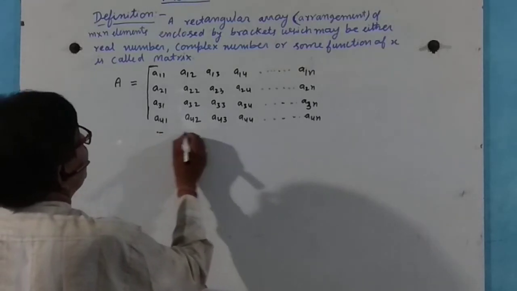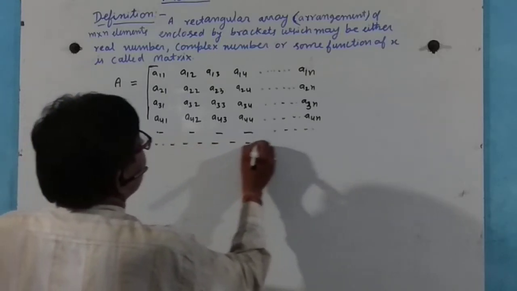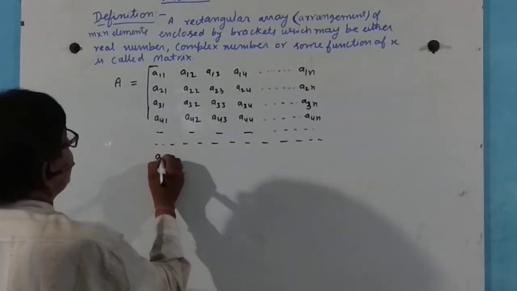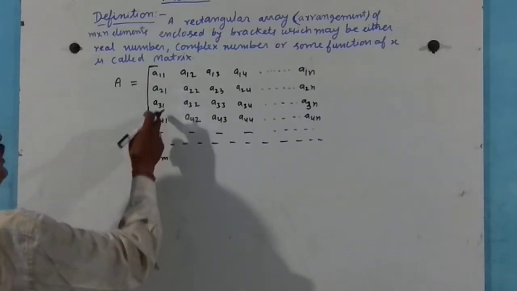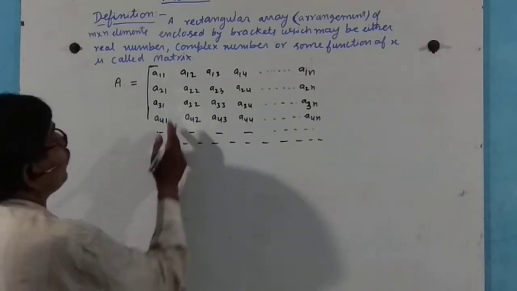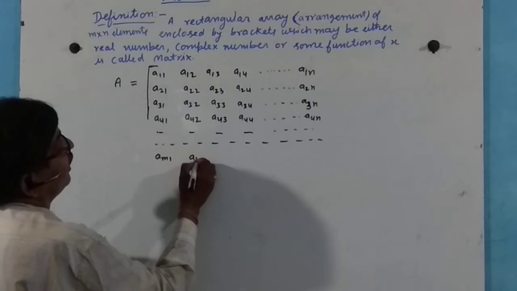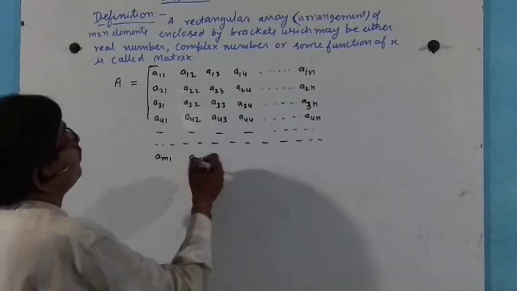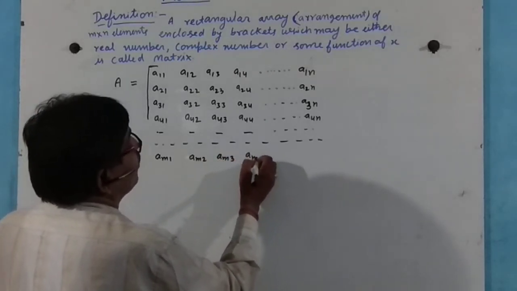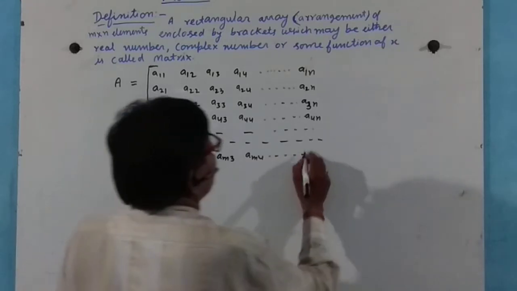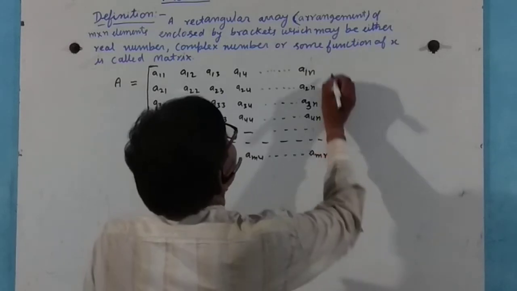Now here, A m row first column, A m row second column, A m row third column, A m row fourth column, A m row n column.